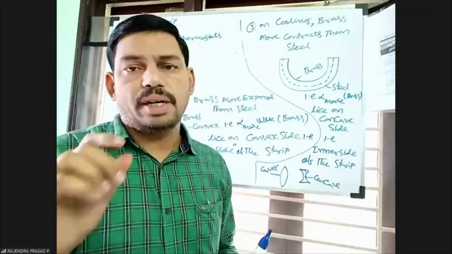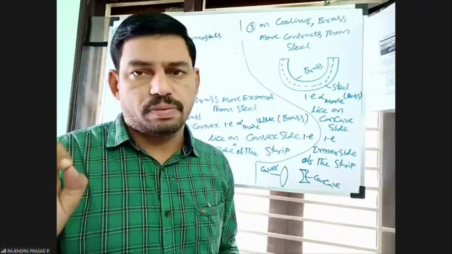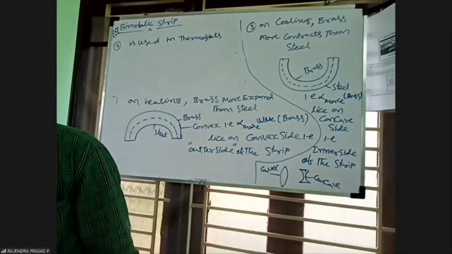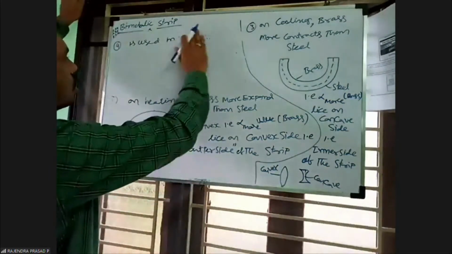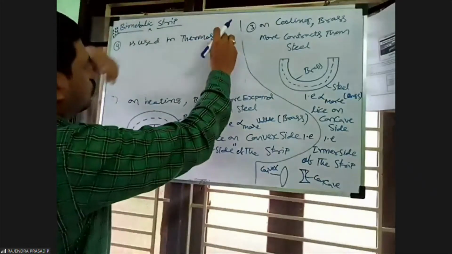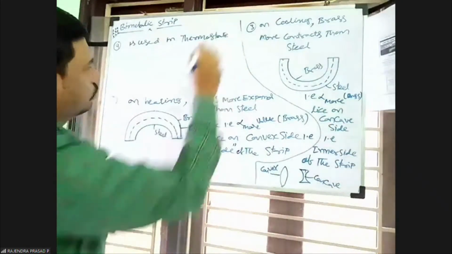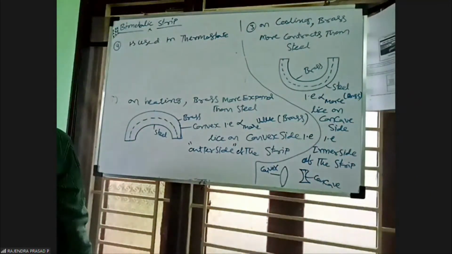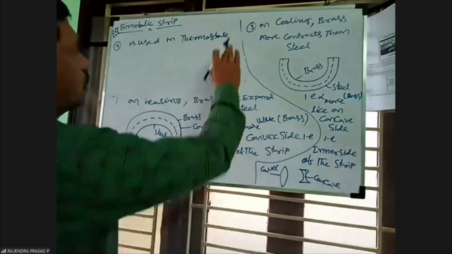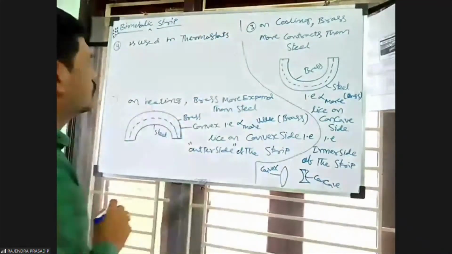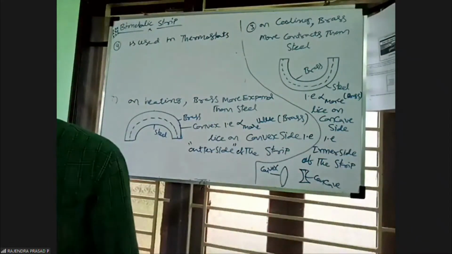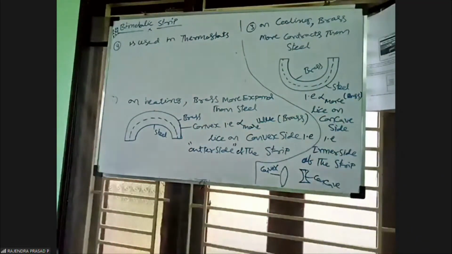Bimetallic strip is used as either on or off in thermostats, for regulating heating or cooling of rooms.